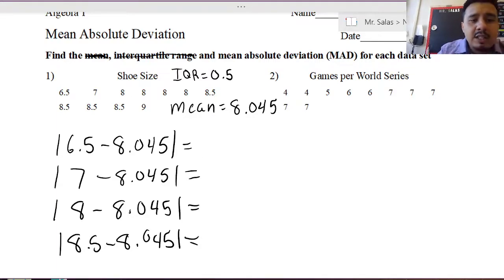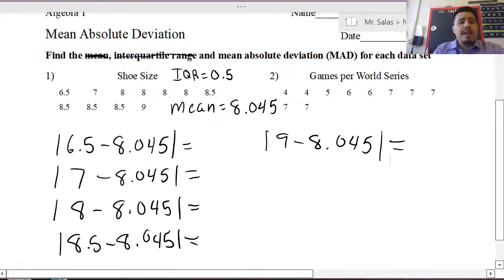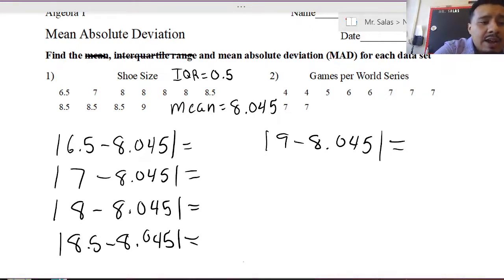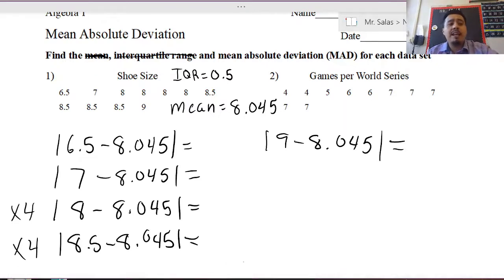Sorry if my handwriting is sloppy, but the pen just moved on me. Then the absolute value of 9 minus 8.045. We're going to find those 5 values, but keep in mind 8 and 8.5 repeat 4 times, so I'm going to put a little times 4 here so I remember that I need that answer 4 times.